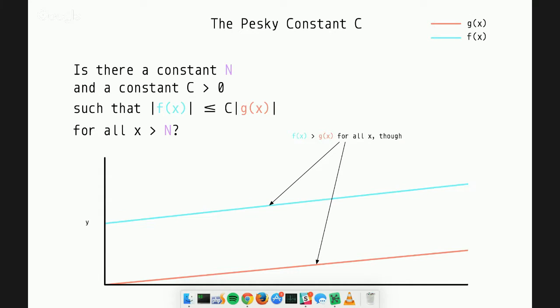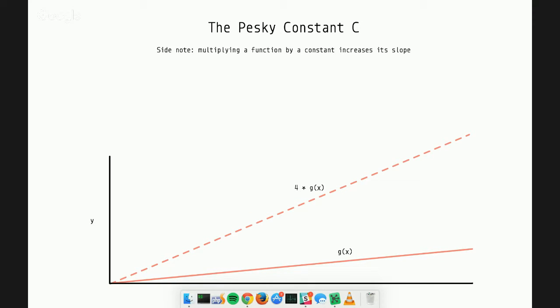They're never going to cross because they're parallel functions. The functions grow at the same rate. So what do we do in this scenario? Clearly, they're growing at the same rate, and that's kind of what we want to measure. So what do we do?